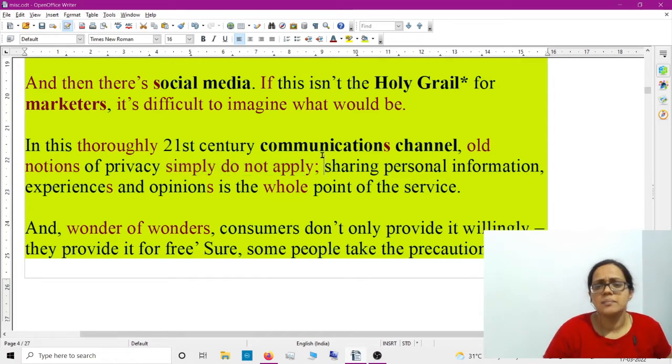Okay, simply do not apply. See that semicolon. Then sharing personal information, experiences and opinions is the whole point of the service. See, some more, information, the plural is information itself. So see that instead of separating them, they joined the sentence with a semicolon. Okay, think like that.